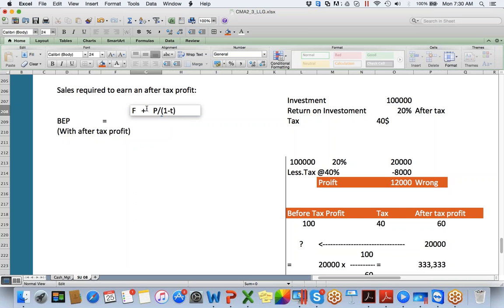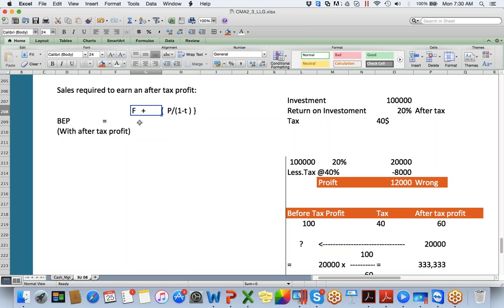Remember, this should be calculated separately. I'm writing this in bracket. Always remember, don't have any confusions in the calculation. First, you simplify what is P divided by 1 minus T. You will get some value. Then add it to fixed cost. Don't mix up the calculations, please. You simplify this.